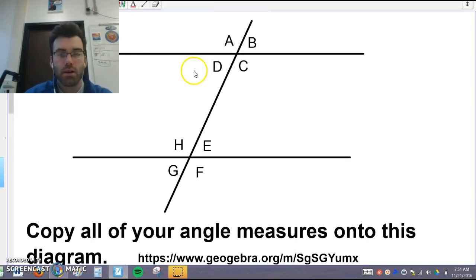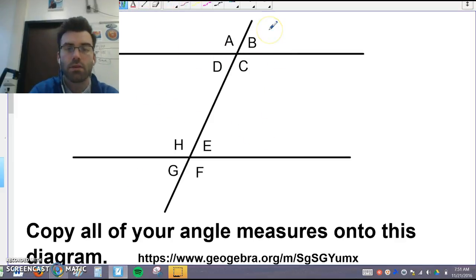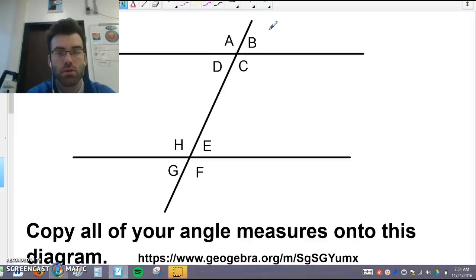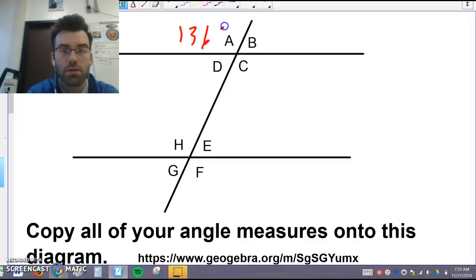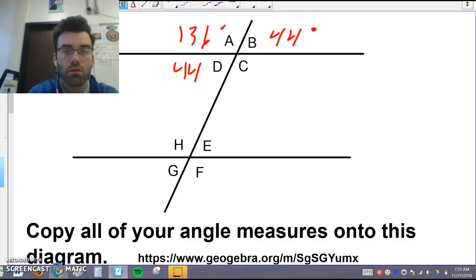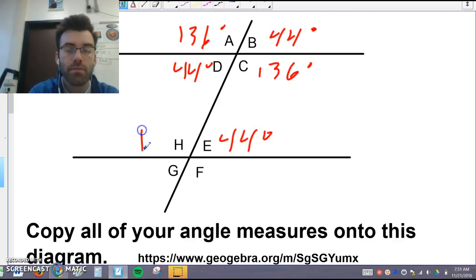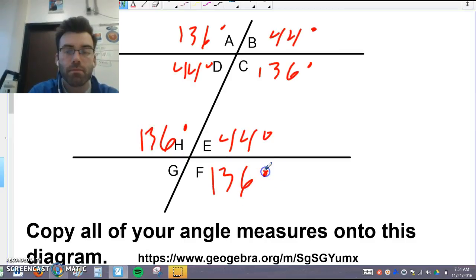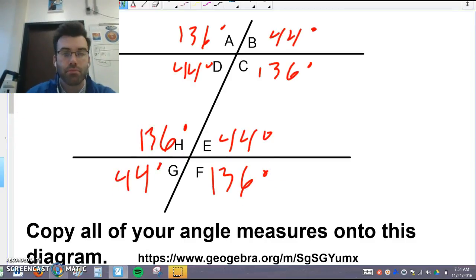If this is my diagram here, my angle measurements would look like this: 136 degrees, 44 degrees, 44 degrees, 136 degrees.